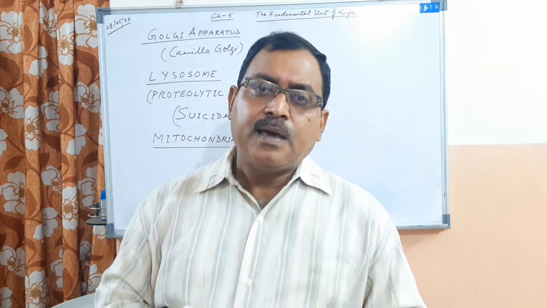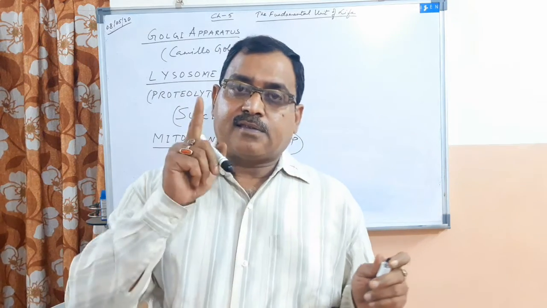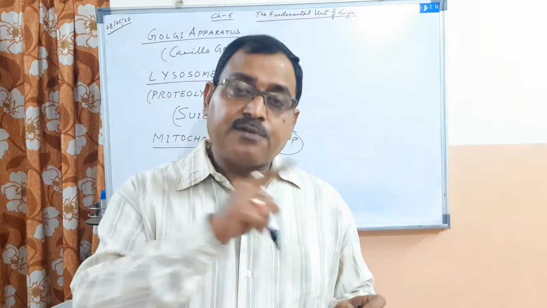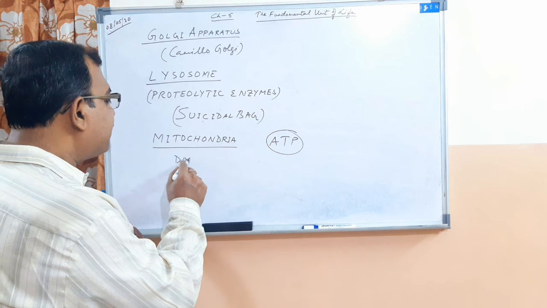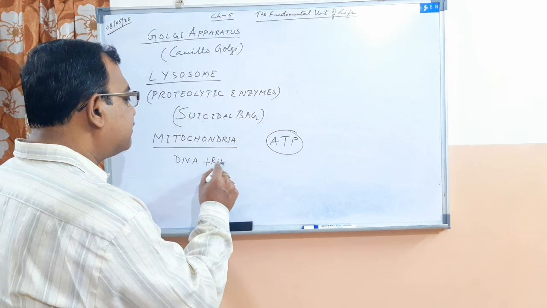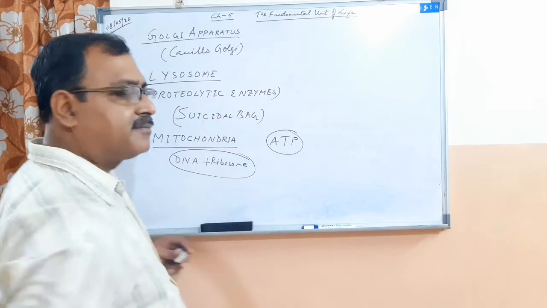Now mitochondria is very peculiar. Why do you know? Because mitochondria is the organelle which has its own DNA as well as its own ribosome. This is very peculiar about mitochondria.